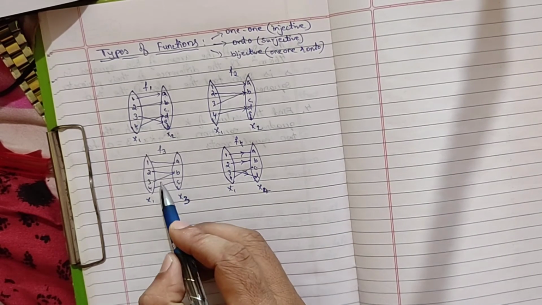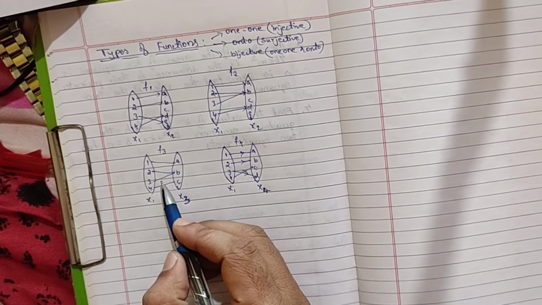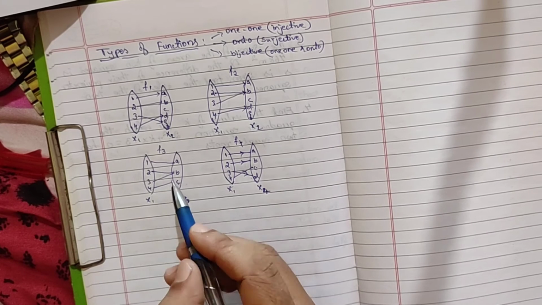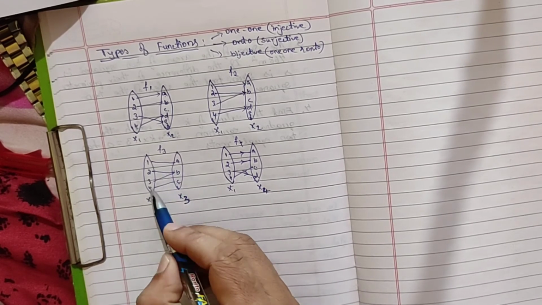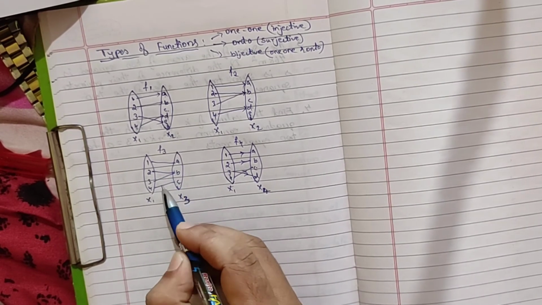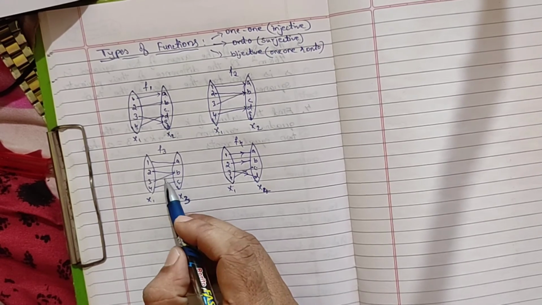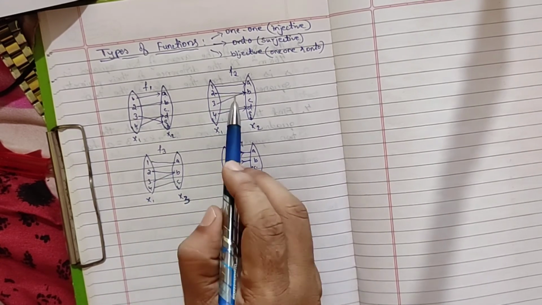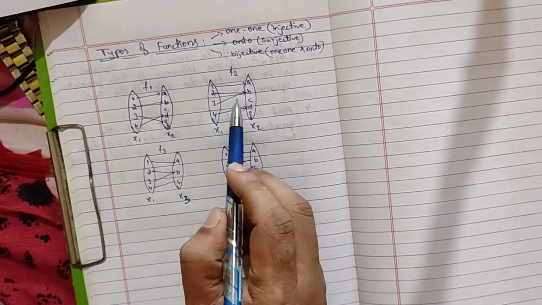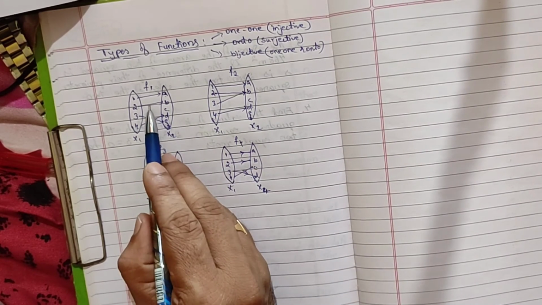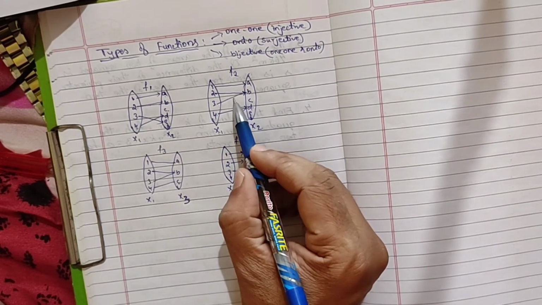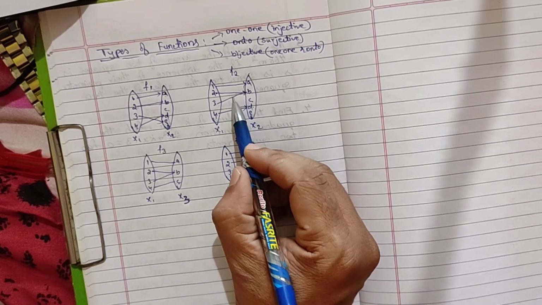But we cannot say this is a one-one function. This is an onto function, and these two are not onto functions. But this one we can say is a one-one function, and this one is a many-one function.